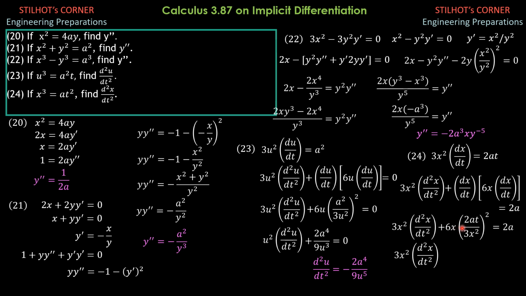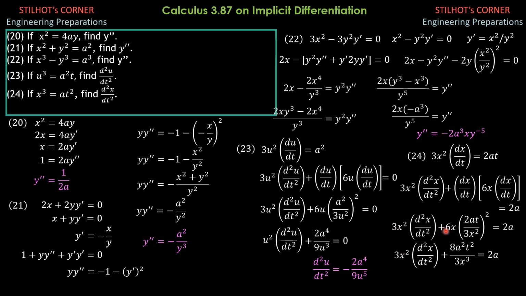So 8/3 of a squared t squared over 3x cubed, because we divide everything by 3 first.